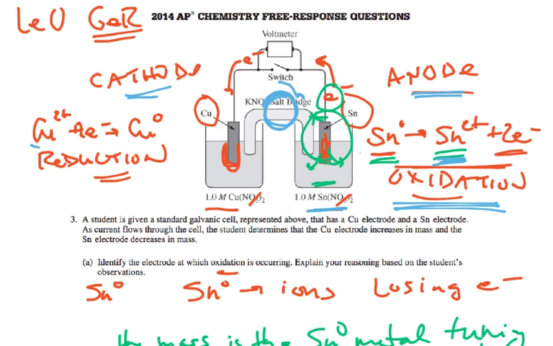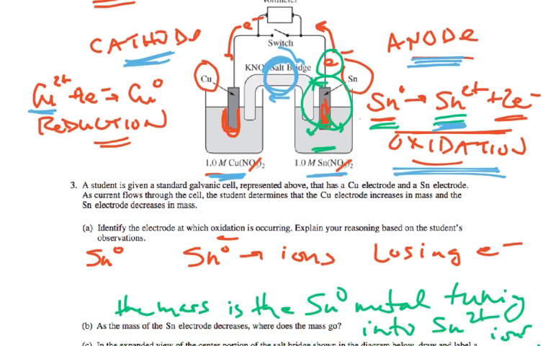In the same way, over here our positive ions are getting turned into neutrals, so we don't have enough positive ions, so the positive ions are going to go to the left and come back into this guy, again to keep it electrically neutral. So the positive and negative ions are going to flow whichever way they have to in order to keep the solutions neutral, but the way to remember it is anions go to the anode and cations go toward the cathode.